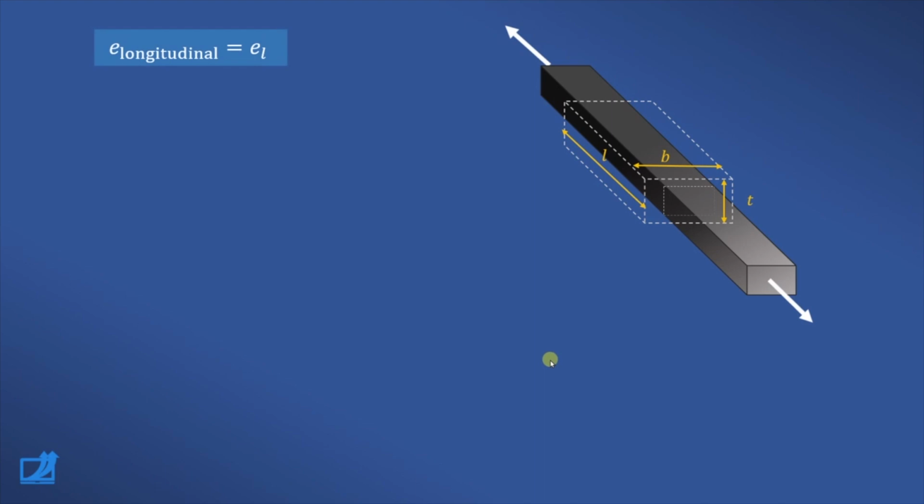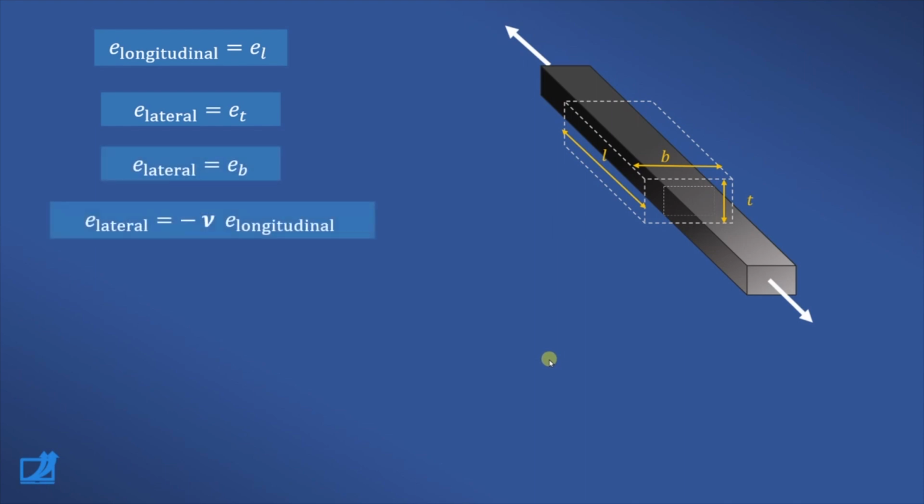Longitudinal strain is strain in length, and lateral strain is strain in thickness as well as strain in width. Since lateral strain is nu times longitudinal strain, strain in width and strain in thickness is nu times strain in length, but negative.